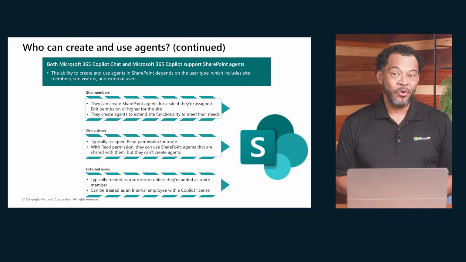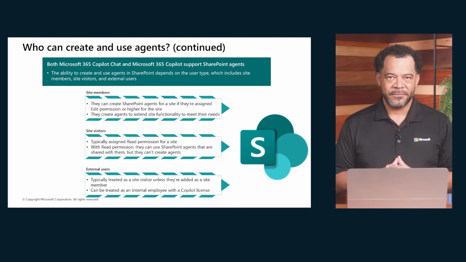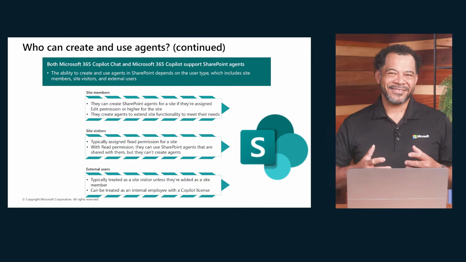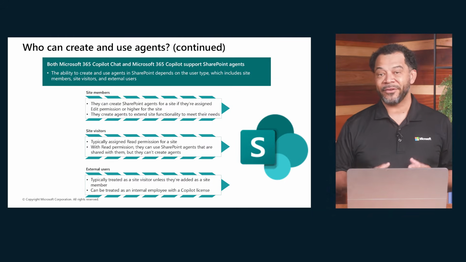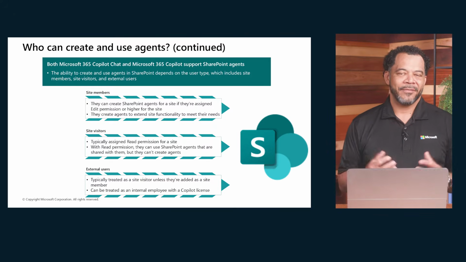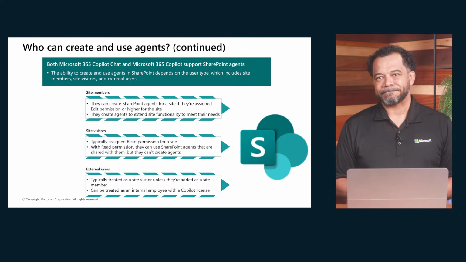Now that we've talked about who can use agents in general, let's zoom in on how this works specifically within SharePoint. This is where things get a bit more nuanced because access and capabilities depend on your role, whether you're a site member, a site visitor, or an external user. So let's get started with site members.